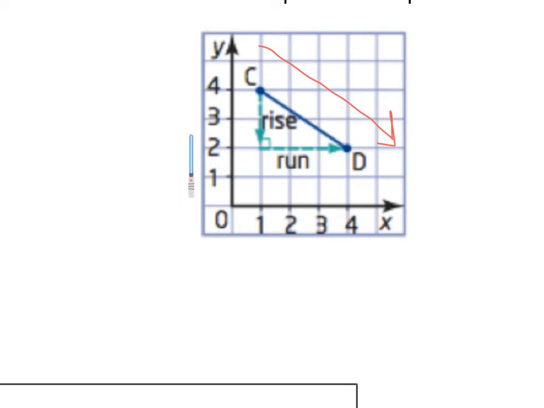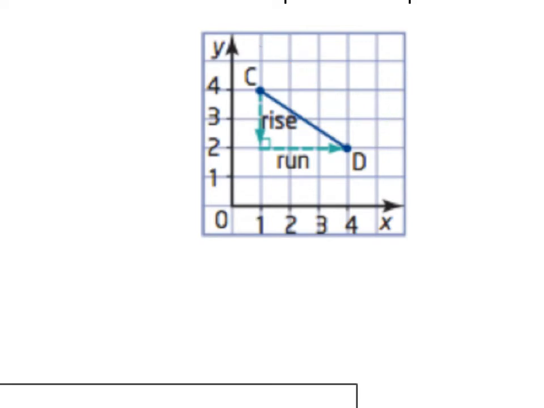I'm going to use this like a reference pointer. If I put my lightsaber on the left side of my page and scan from left to right, I can see that the trajectory of that blue line graphed on the grid is going downward. I have to follow it from point C down to point D, and then I get to the right side of my page.